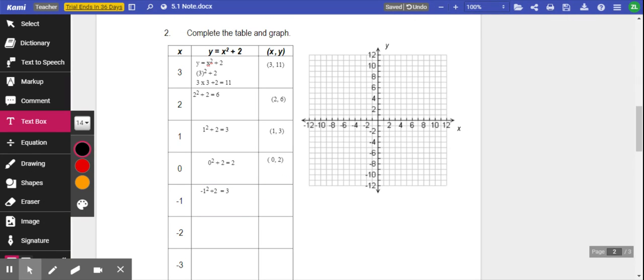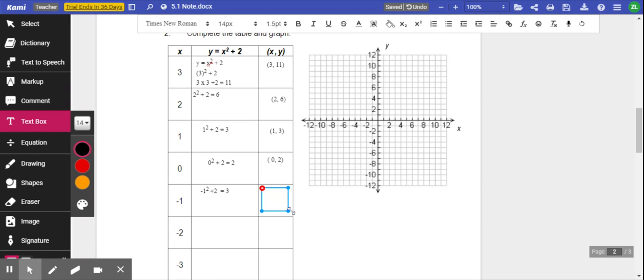So in this column here, we got -1 and 3.